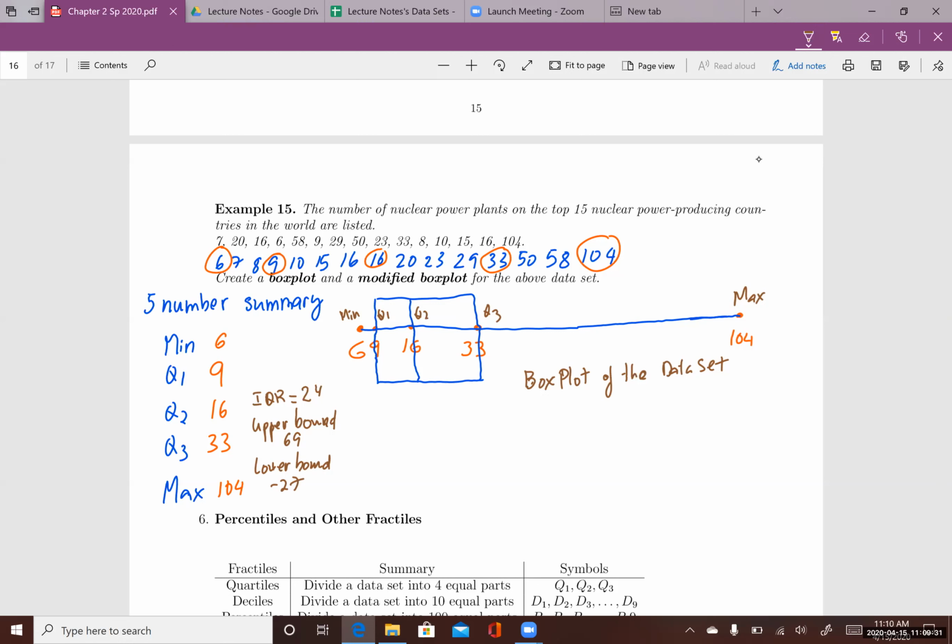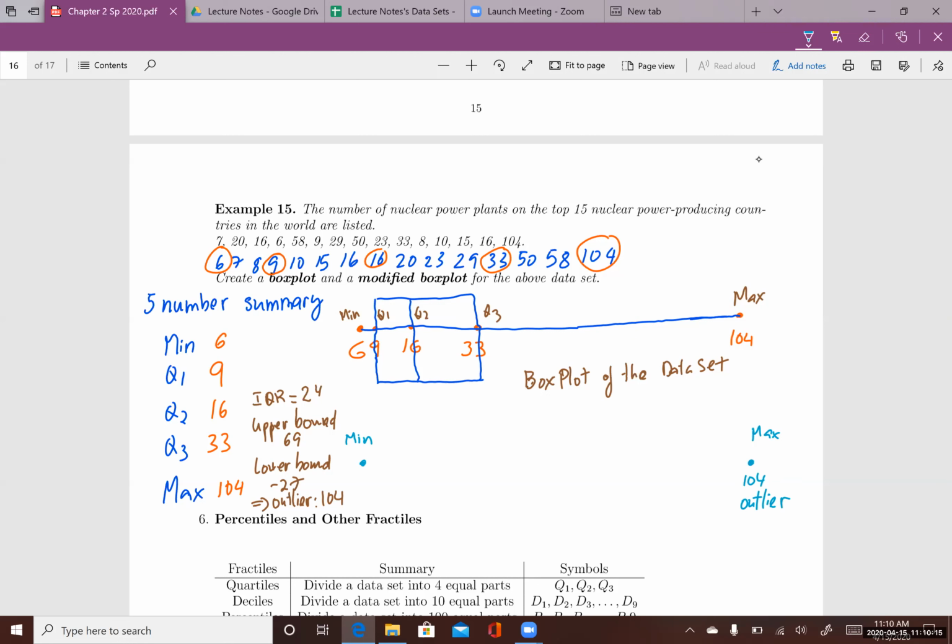So that is the outlier. Okay, so I want to make the modified box plot here, and I want to start at the same minimum value, and also end at the same maximum value. But as you can see, because we're using a modified box plot, the whisker will not extend to the maximum, which is an outlier. So 104 here is actually an outlier.